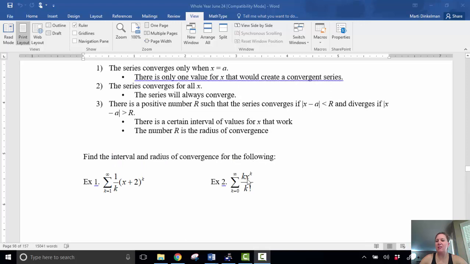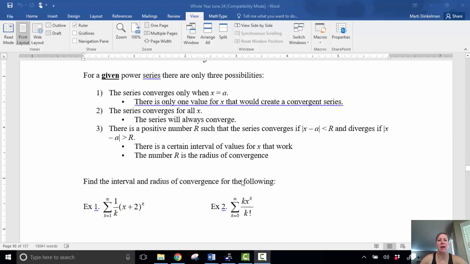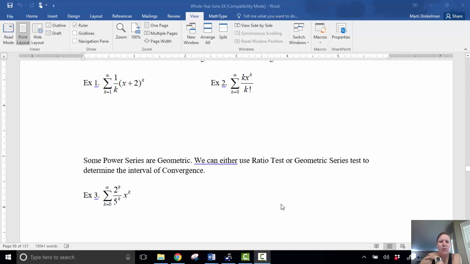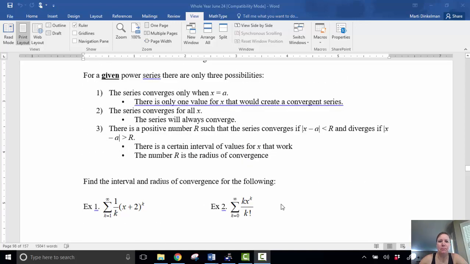So I know that plugging a 0 in would work, but are there more values for x that would work? That's our algebraic question. Once we've found the interval here, we'll perhaps look at some functions. We'll see. Maybe this one down here we'll be able to look at.